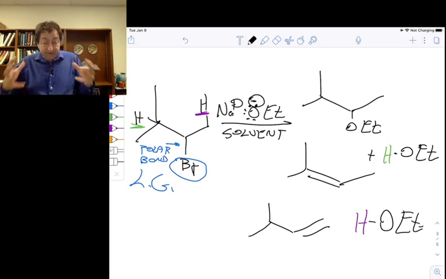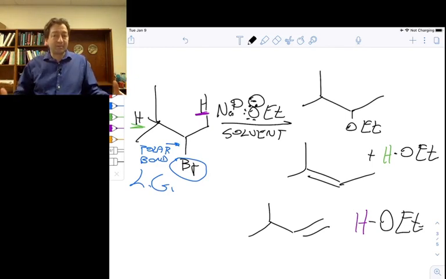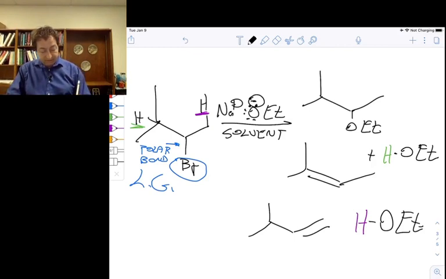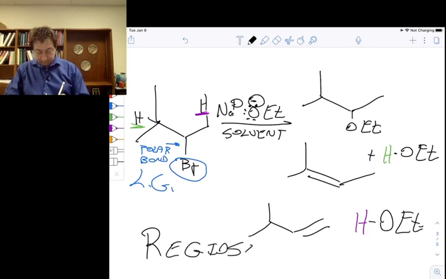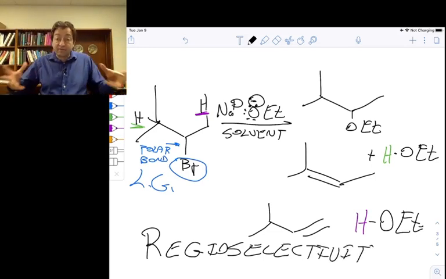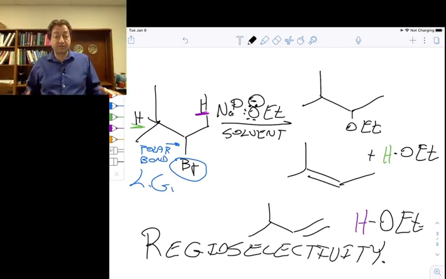So now here, and we spent quite a bit of time talking about this in the radical section, this is a whole question of what we've been calling regioselectivity. So regioselectivity, look, we've got three possible outcomes for this reaction.